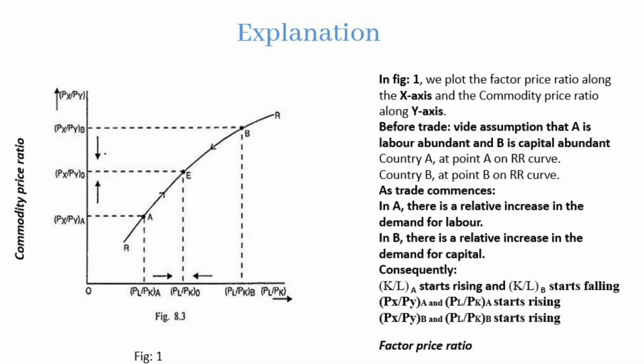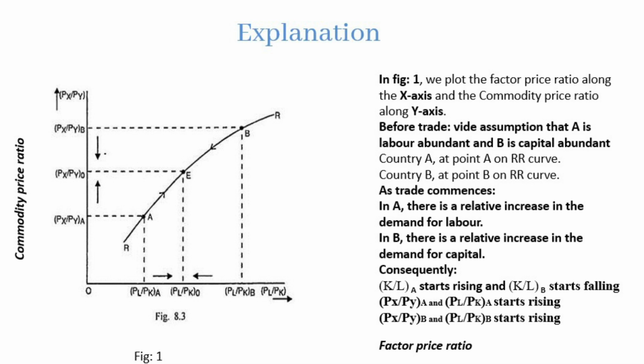So, following our assumption that country A is labor abundant and country B is capital abundant, let us assume that country A is at equilibrium prior to trade at point A and country B is at equilibrium prior to trade at point B. And these points A and B, they lie on the curve RR.